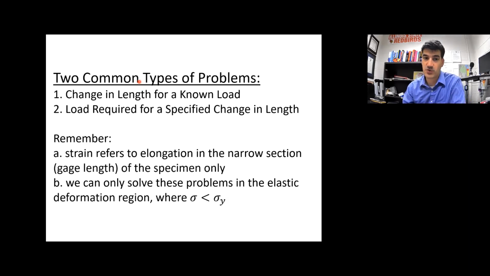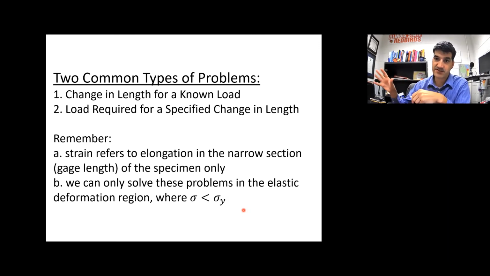What's the load required? A couple things to remember. Remember that the strain refers to the change in length of the narrow section, the gauge length section right here, divided by the original length of that section. And second of all, like I just said, you can only solve these problems when you're in the elastic deformation region.